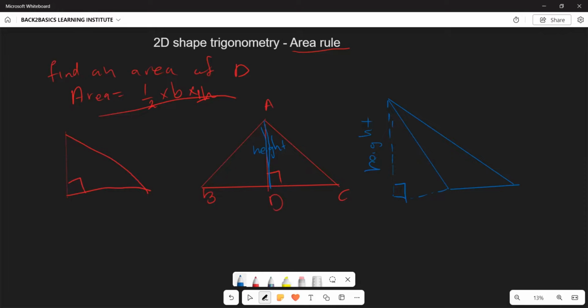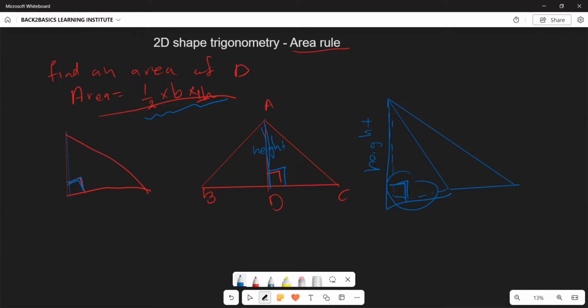All of this, we used the area of a triangle, half base multiplied by perpendicular height, because we had this perpendicular height, and this 90 degrees indicates that it is perpendicular. Similarly here, you had this as your perpendicular height. That's the reason why we used the area formula, half base multiplied by height.